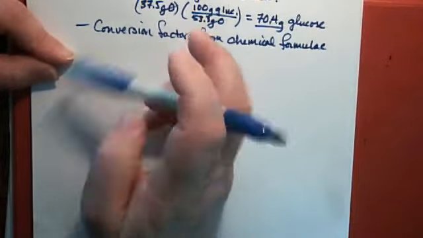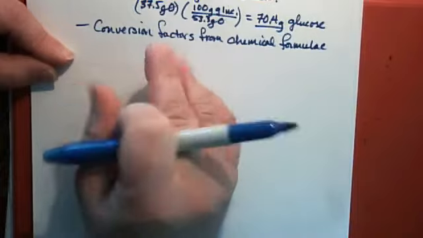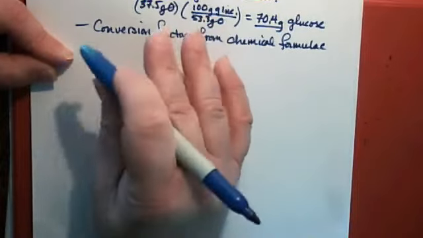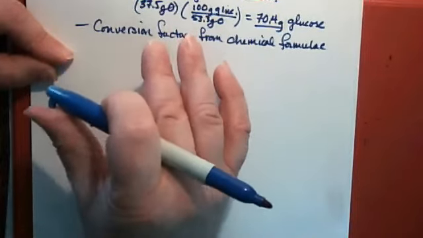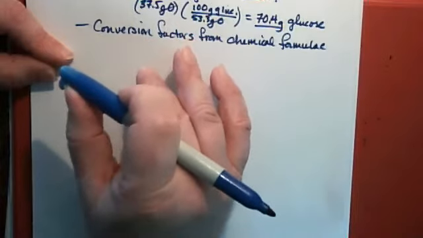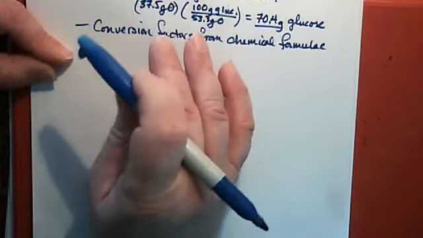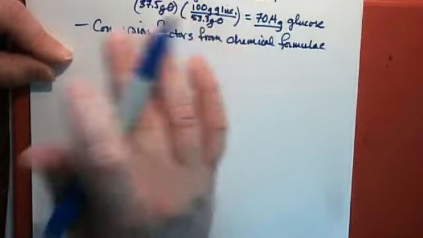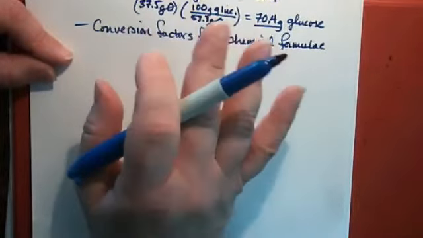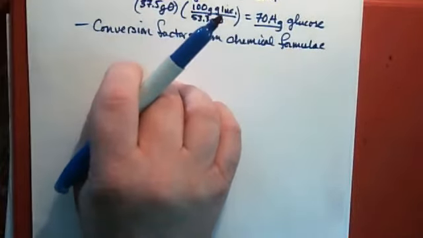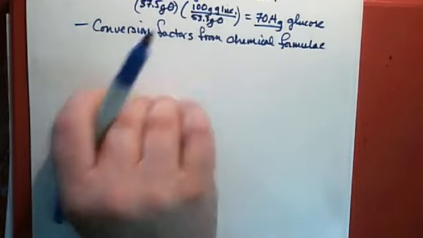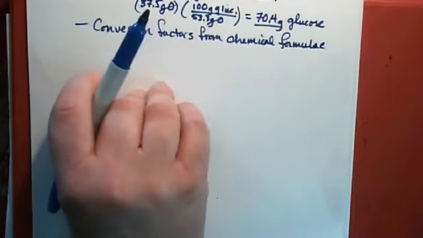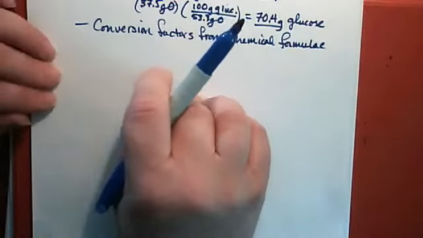So the formula of glucose is C6H12O6. It just means that for every molecule of glucose, you have 6 atoms of carbon and 12 atoms of hydrogen and 6 atoms of oxygen. So however many molecules of glucose you have, you're going to have 6 times as many carbons and 12 times as many hydrogens and 6 times as many oxygens.